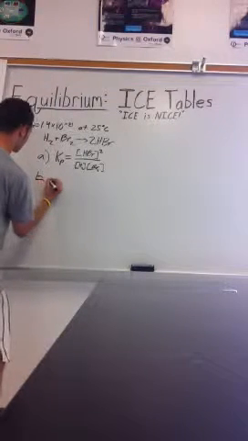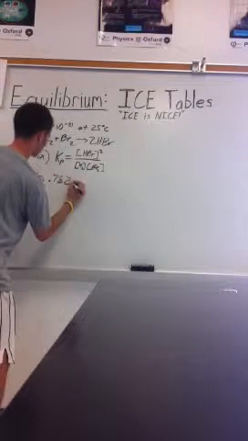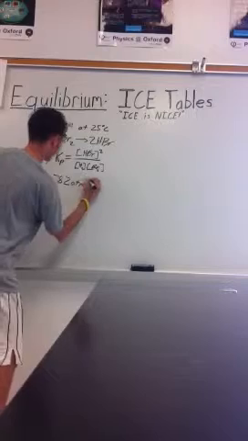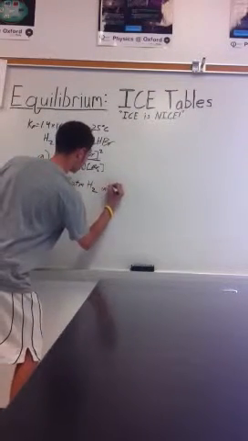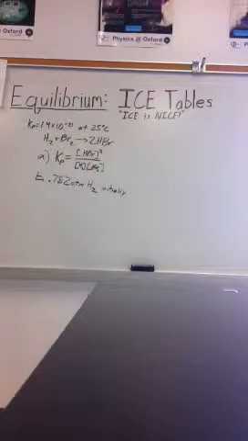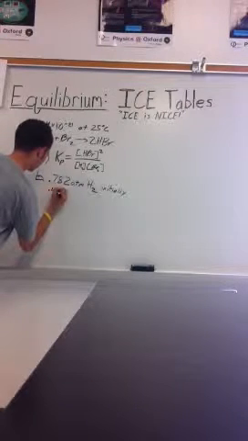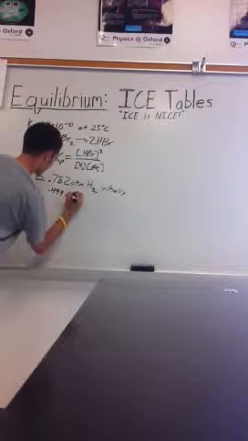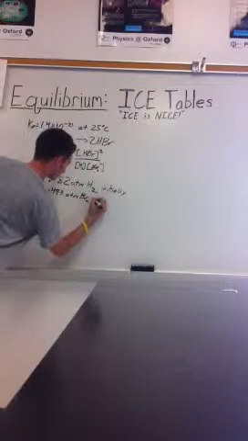So, part B, 0.782 atm for hydrogen initially. After we have that, we have bromine, we have 0.493 atm Br2 initial.